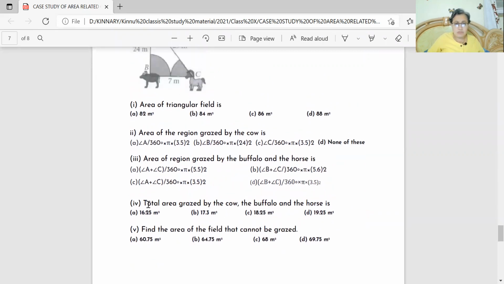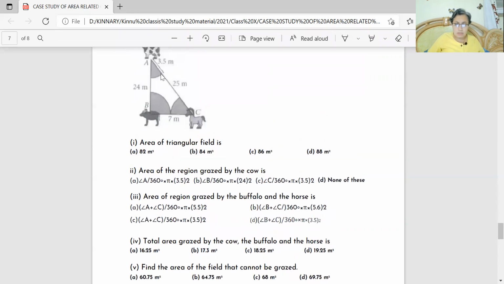Now let's move on to the fourth question. Total area grazed by the cow, the buffalo and the horse. In the previous question, you added only the theta of those two. Now in this question you want to find the area grazed by all three.